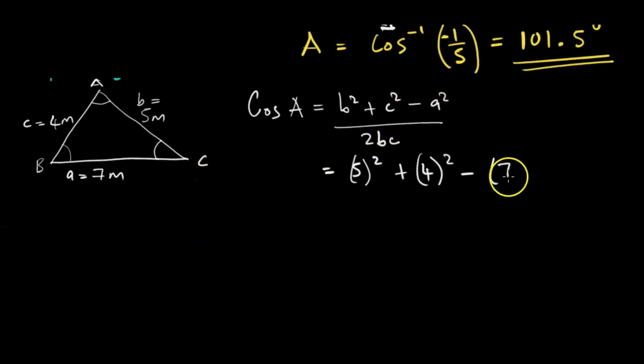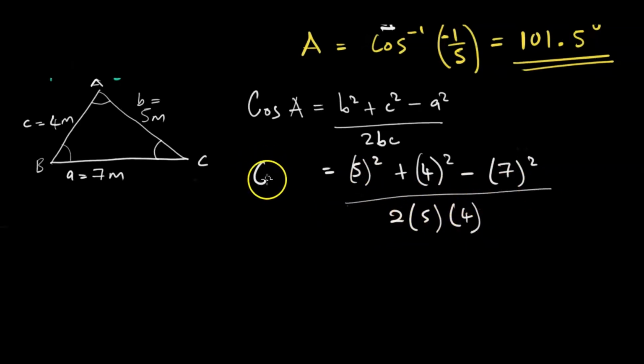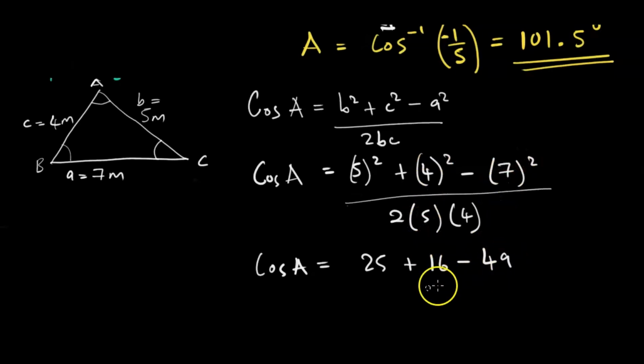It's 7, so 7 squared, over 2 multiplying 5 times 4. So cos A is equal to, of course, 5 squared into 25 plus 4 squared into 16, then 7 squared into 49, over 2 times 5, 10, 10 times 4, 40.